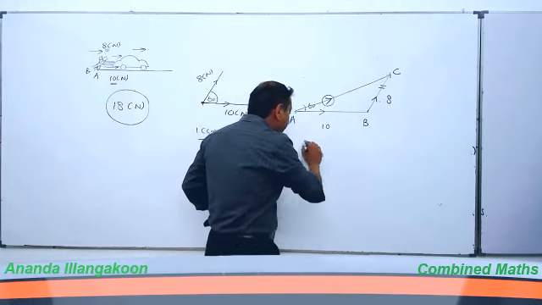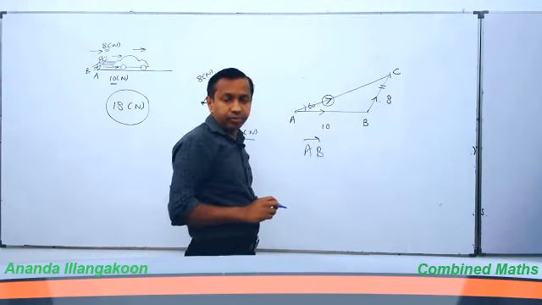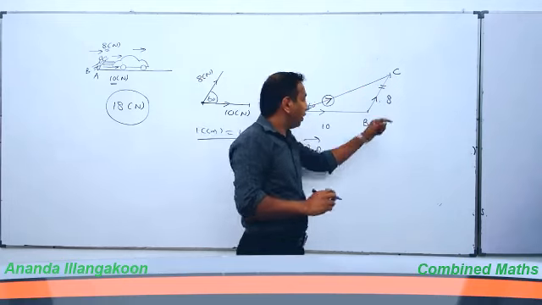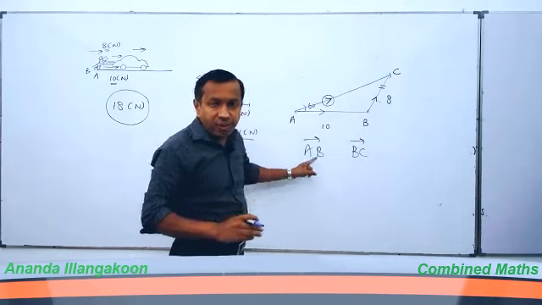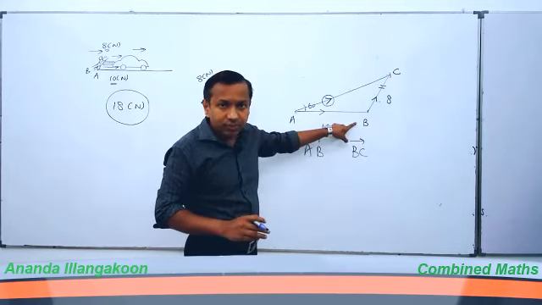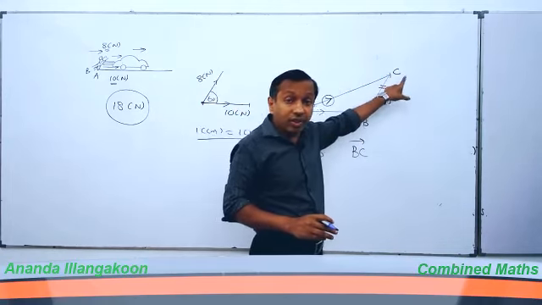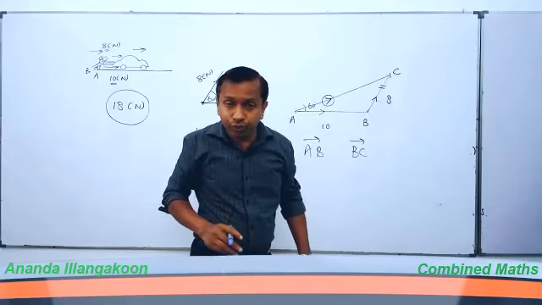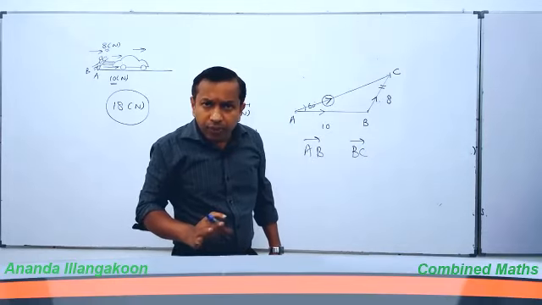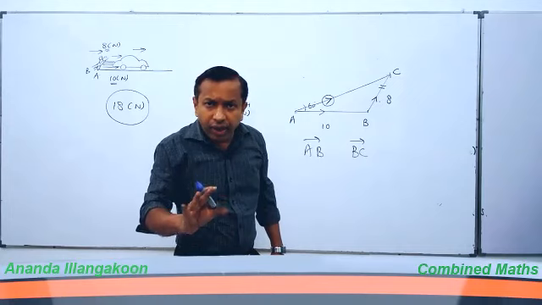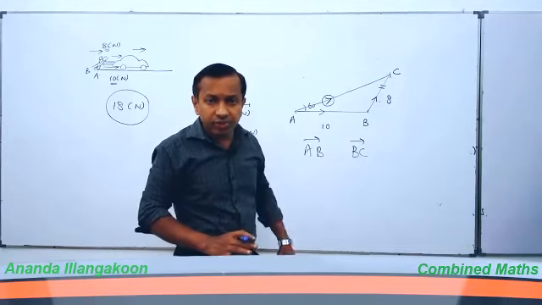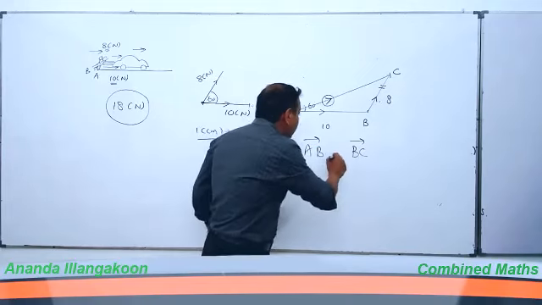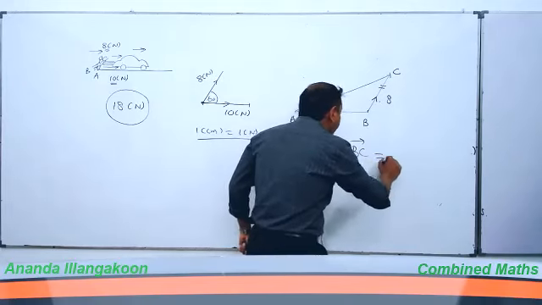The vector AB is this, and the vector BC is this. Then the vector AB represents this 10 Newton force, and the vector BC represents the 8 Newton force. Now, when we apply the triangle law of vector addition to this triangle ABC, AB plus BC will be equal to what, people? AC.